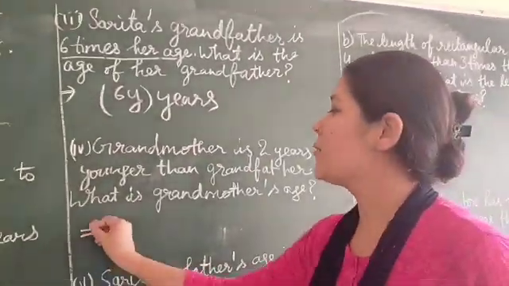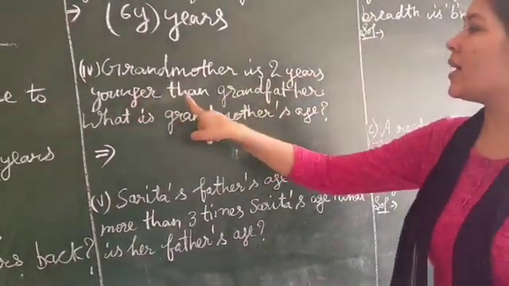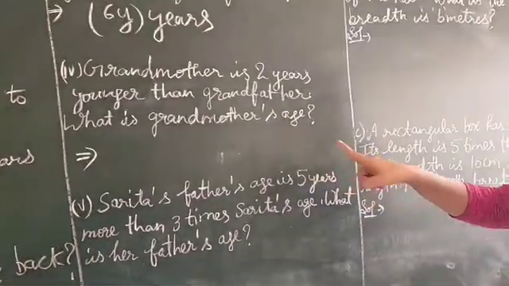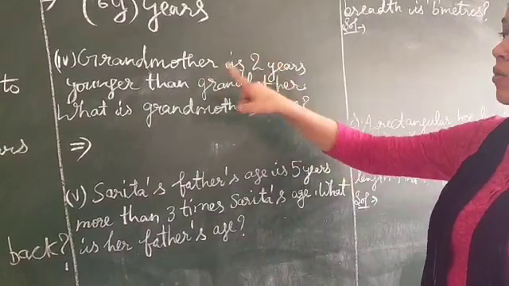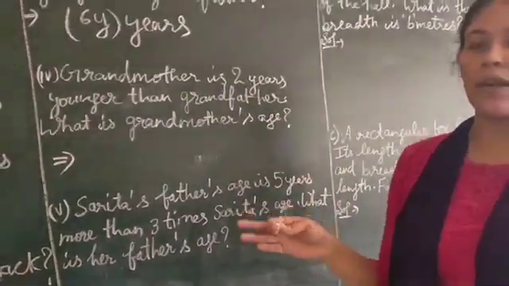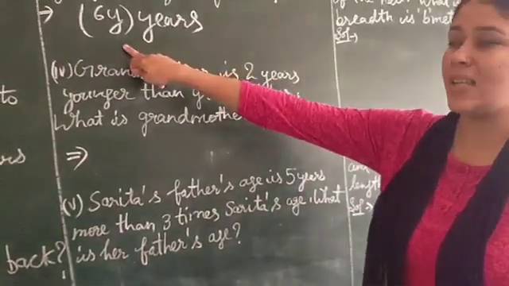Now fourth part, grandmother is 2 years younger than grandfather. So what is the grandmother's age? Now you have to tell her grandmother's age. Grandmother is 2 years younger than grandfather. Grandfather से 2 साल छोटी है. So what is the age of grandfather? 6y.